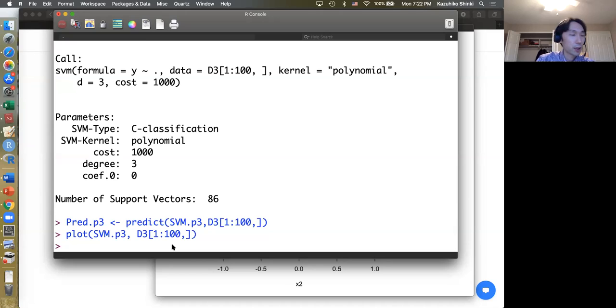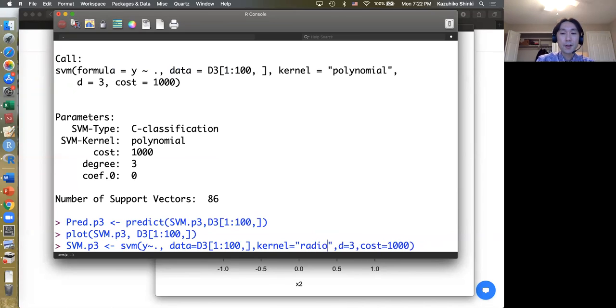So you can try many values of D and also cost, then you can potentially do well. I changed the cost function, but still it does not work well. So D equal to 3 does not work. I don't exactly know the reason.